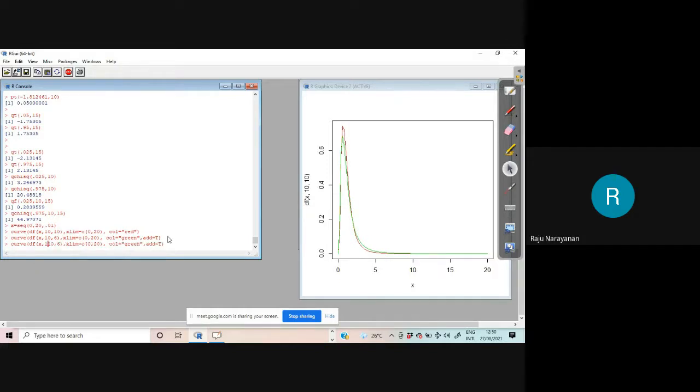You can see the change. What is the color we can give? Magenta? I think the spelling is correct. Yeah. Another one, with degrees of freedom 30 and 30, and color purple.